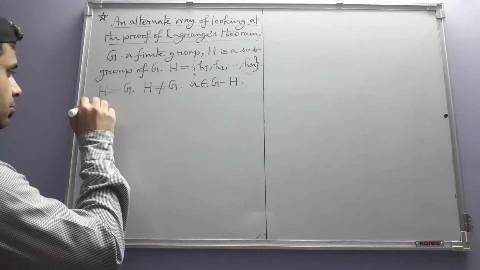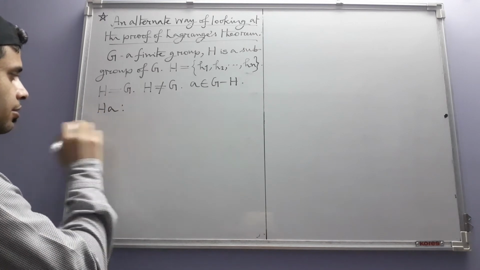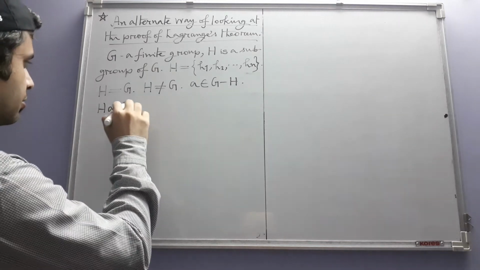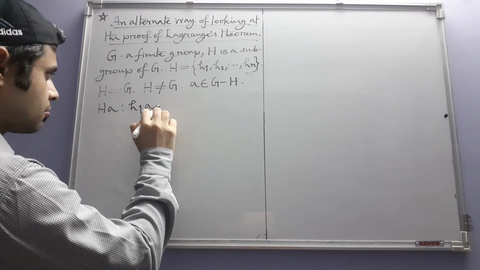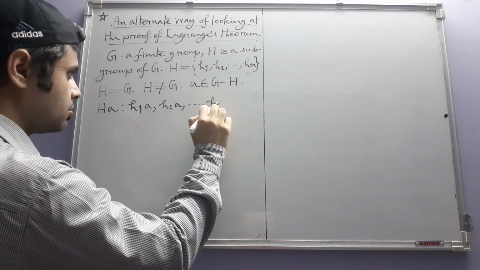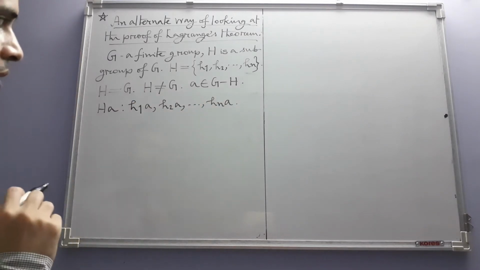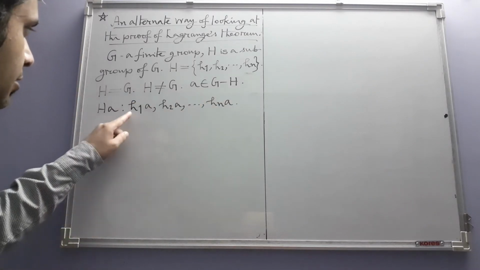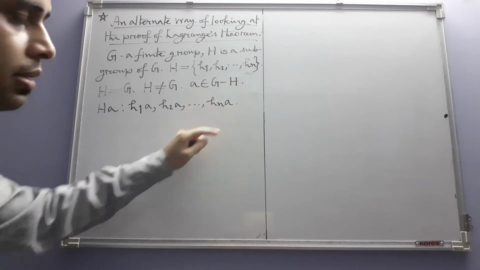Now what we do, we look at the elements of this right coset HA. By definition, the elements will be H1A, H2A, etc., HNA. Now the first thing we are going to observe is that these elements are all distinct. Why?